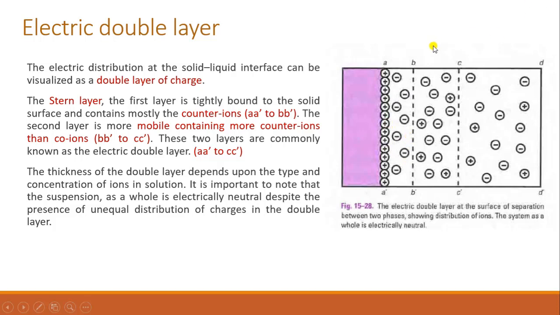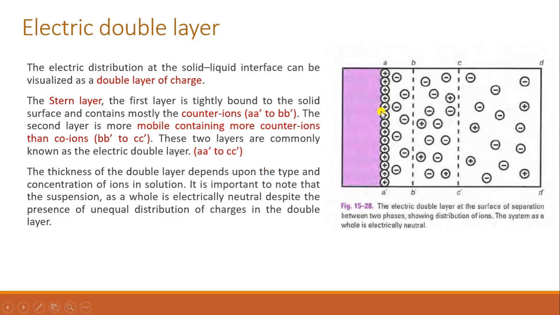The boundary of this layer is indicated by BB dash. This layer is called the tightly bound layer. Because of the stronger attractive force, the molecules are strongly bound with the surface of the solid with some of the solvent molecules. These ions having a charge opposite to that of the potential determining ion, which are adsorbed on the surface of the solid, are known as counter ion or gegenions.